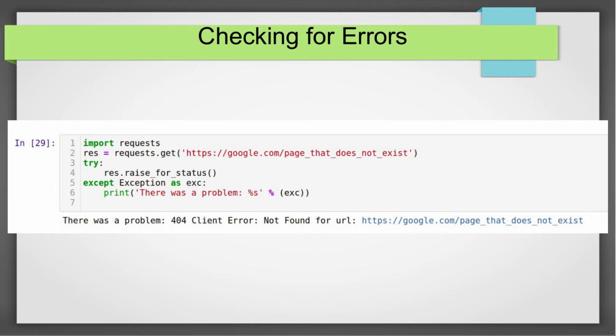This raise_for_status method call causes the program to output the following: There was a problem: 404 client error: Not found for URL. When you write code, always call raise_for_status after calling requests.get. You want to be sure that the download has actually worked before your program continues.